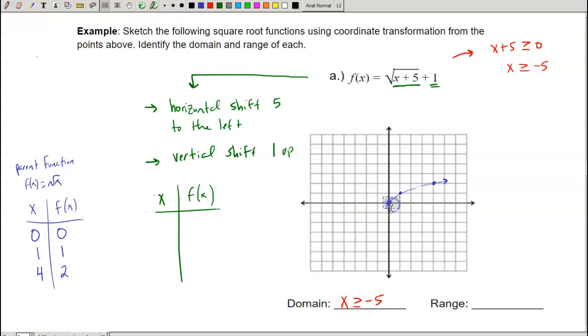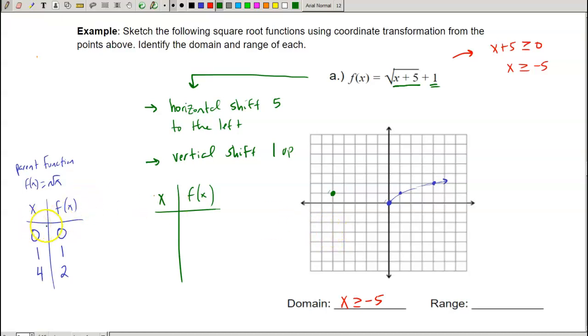So I'm going to keep this blue one here. I'm just going to make a copy of that. And now this new point, 1, 2, 3, 4, 5, to the left 5 and up 1. There's my new function. I'm going to put that in green just so you can see this example. So that point is following these instructions up here with my translations. It went left 5, up 1, and that point mapped to that.